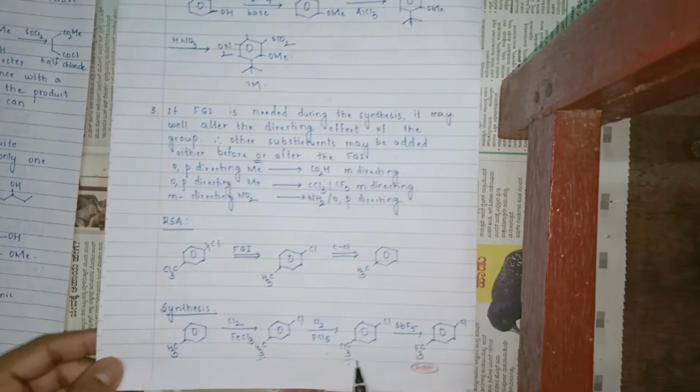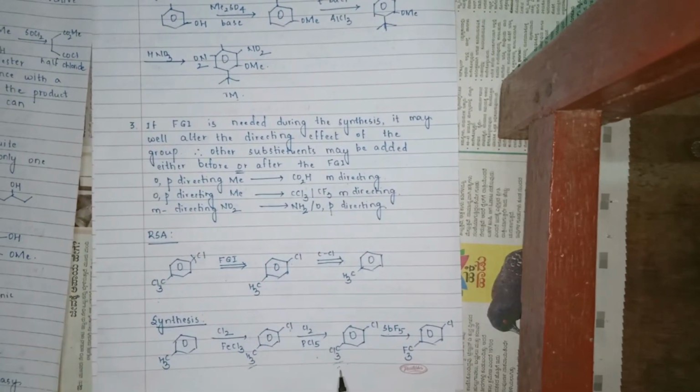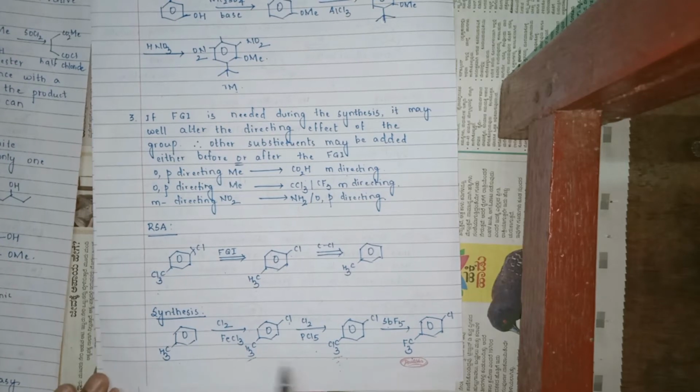If I want to replace this CCl3 also, in the presence of antimony pentafluoride, I can do another functional group interconversion, so that instead of Cl3, I will have a F3 system. So either before or after the functional group interconversion, I can introduce certain groups.